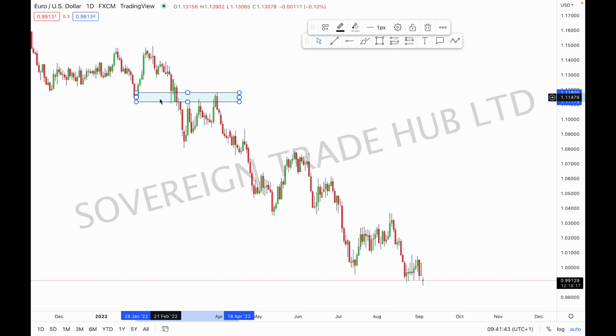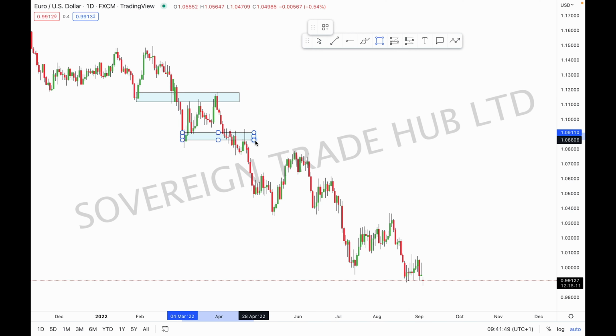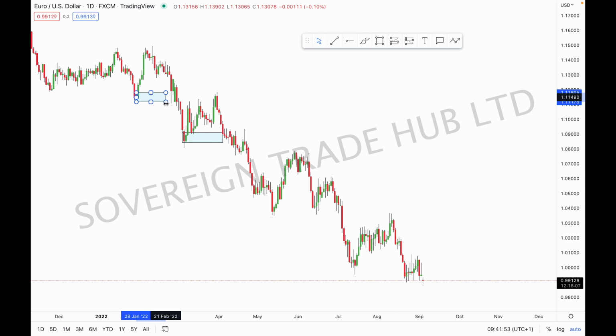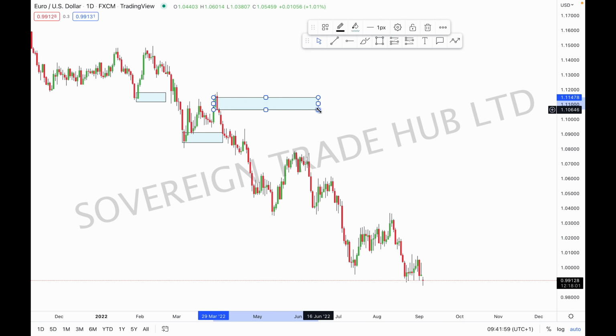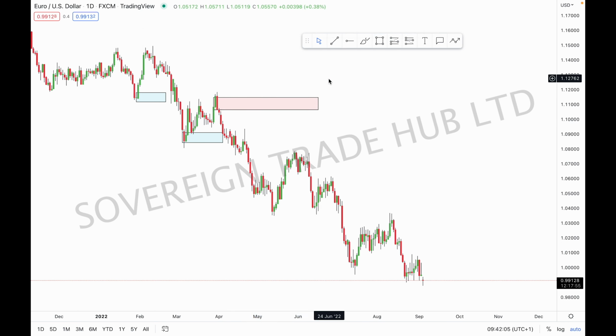This is actually a demand zone here, and after that was created, we can sell. We had another demand zone here, and around here we have a supply zone, an area of impulsive selling. Let me change the color to red.